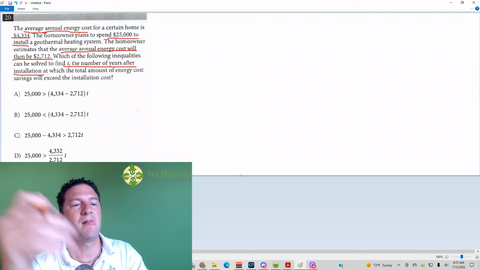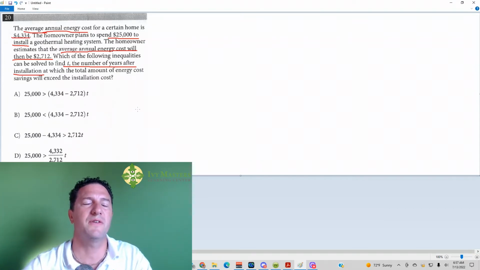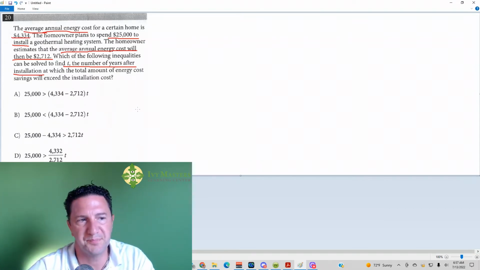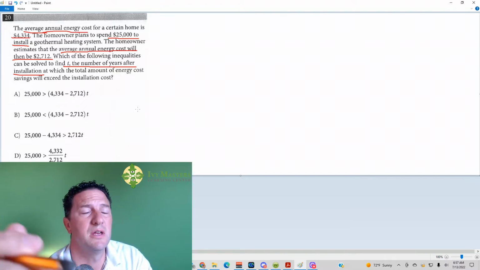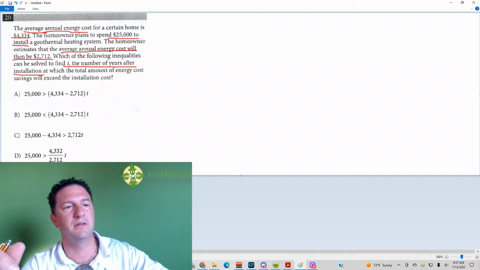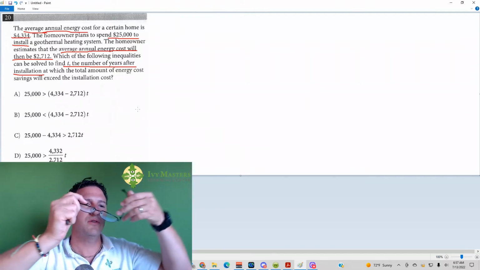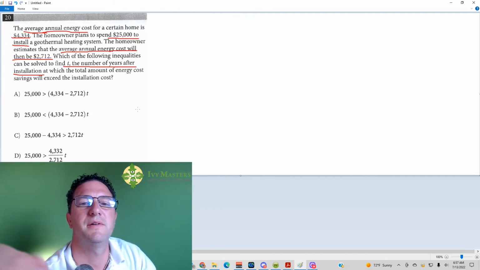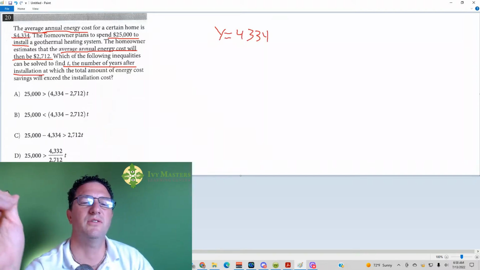So what we've got here is a linear equation. If the average annual energy cost is $4,334, then we've got y equals 4,334. Now, how do you tell slope?